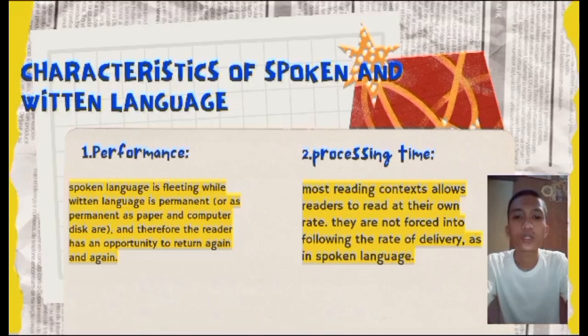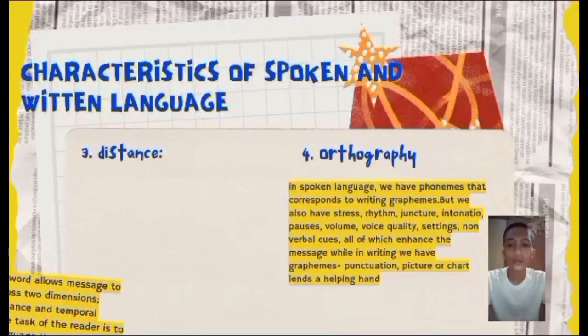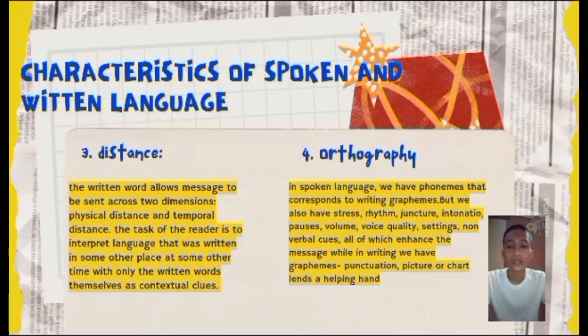Second, processing time. Most reading contexts allow readers to read at their own rate. They are not forced into following the rate of delivery as in spoken language. Number 3. Distance.